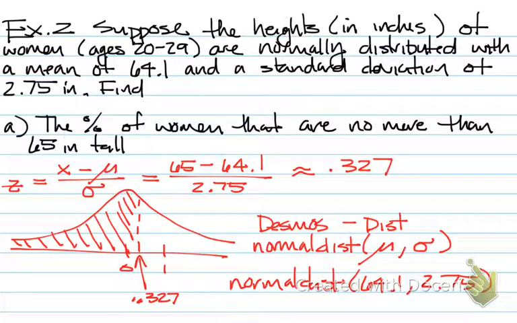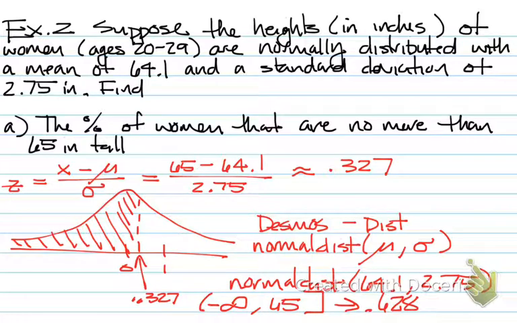When we're using the technology, we don't have to convert to a z-score because there's an algorithm in the technology that does the calculus for us. So we just need to indicate the interval for the area under the curve that we're trying to find. The left boundary would be negative infinity and the right boundary would be 65.